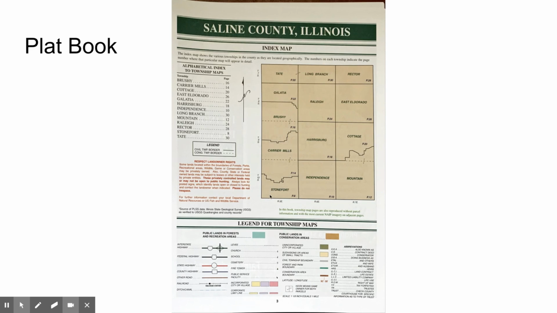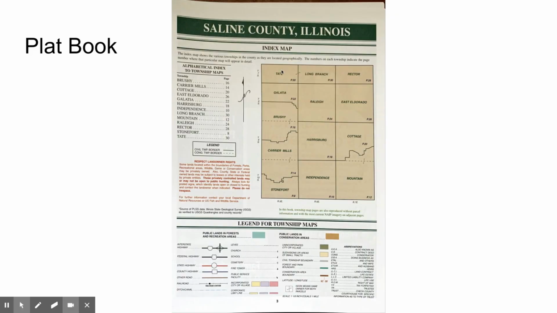Like Stone Fort, down here in this corner of the county, the Stone Fort Township for voting and maybe township road commissioner follows this line, not what we would consider Township 10 South, Range 5 East, which is this one right here. Now, some of them, Raleigh, Harrisburg, Independence, East El Dorado, they all fit nice square 6 mile townships.